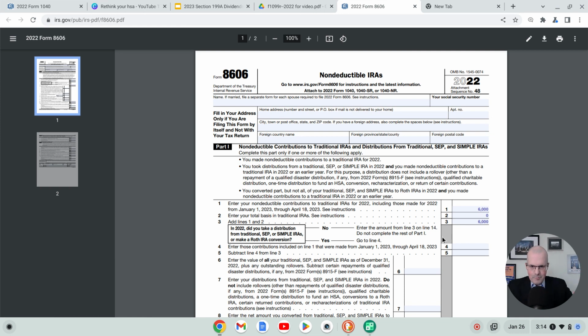And now we have this little section. Did we do any distributions from IRAs or did we do a Roth conversion? Guess what we did. So we go to this line 4. I'm assuming you did your contributions to the traditional IRA back in 2022. So we put 0 here. And then this line 6, so important, right?